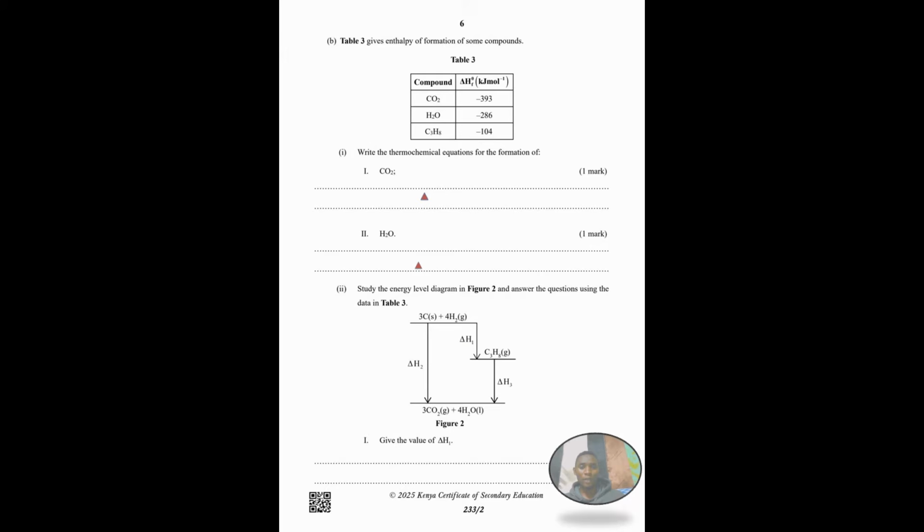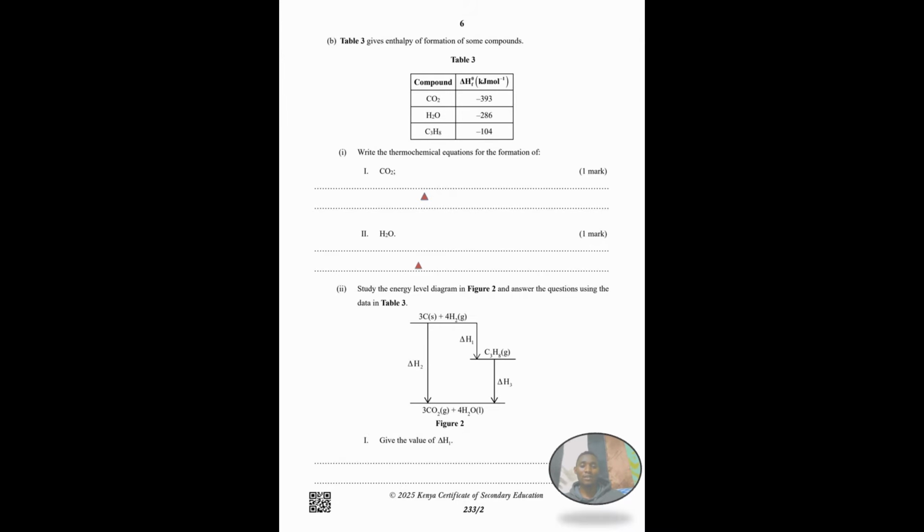So for the formation of carbon dioxide, we need to understand, learners, that we have defined the standard enthalpy of formation as the enthalpy change that occurs when 1 mole of a substance, kindly take note of that, is formed from its constituent elements at standard conditions.